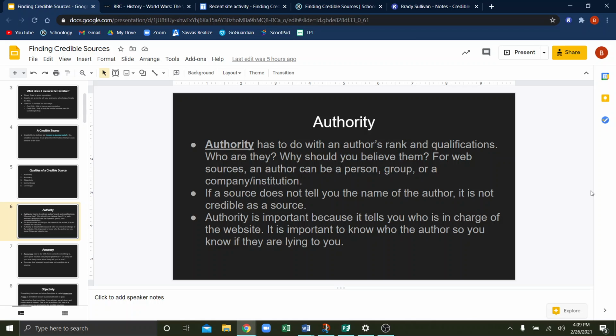It's the same thing with any source of information you find on the internet. If their name's not on it, then they're probably up to no good. And if you can't find any sort of reputation for the website or the institution, then it's probably not something to trust.